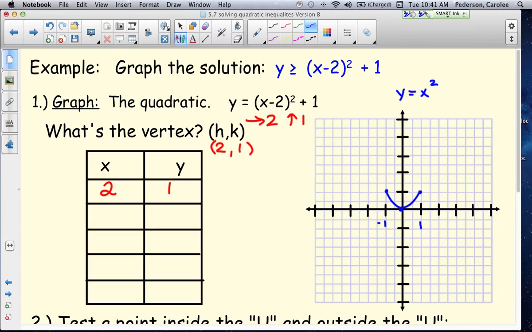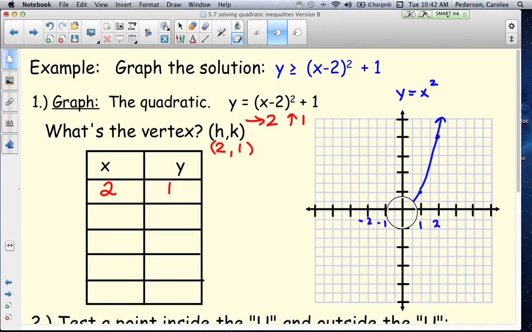Then the next set of ordered pairs is (2, 4) and (-2, 4). What we're going to do is pick up this parent function and move it 2 units to the right, and then up 1.